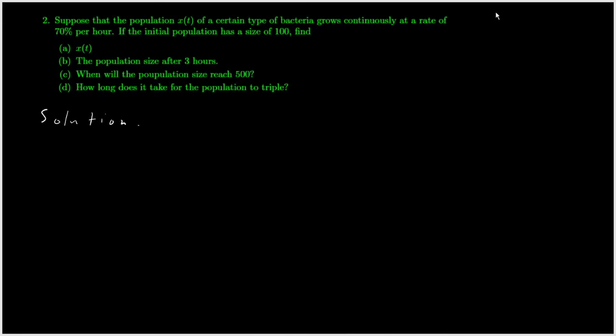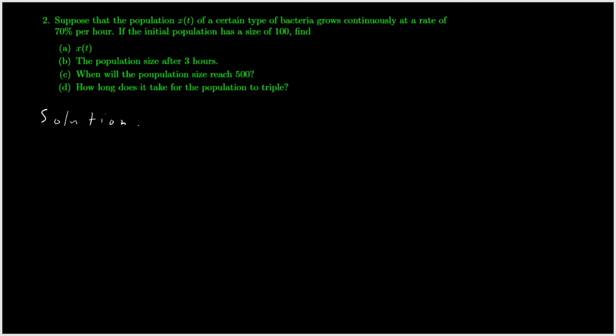To do question A, we are going to set up an equation. We are going to see the rate of change in 2 ways. Okay. The bacteria grows continuously at a rate of 70% per hour. It means the rate of change is 70% on the current population.